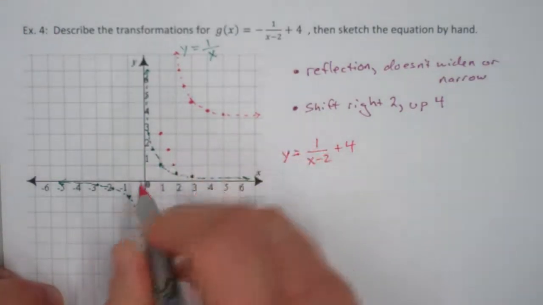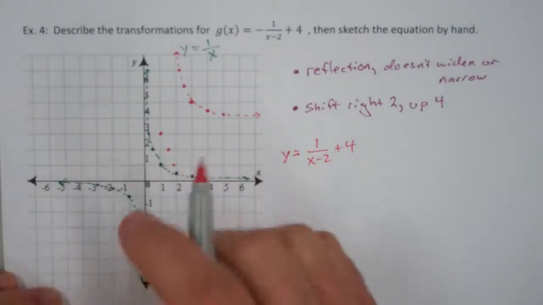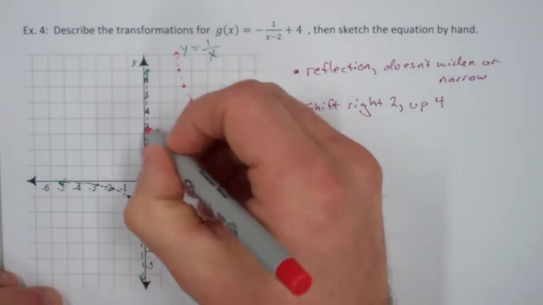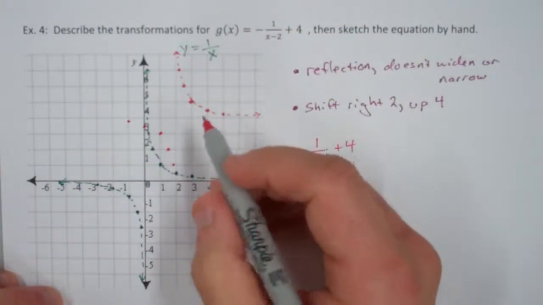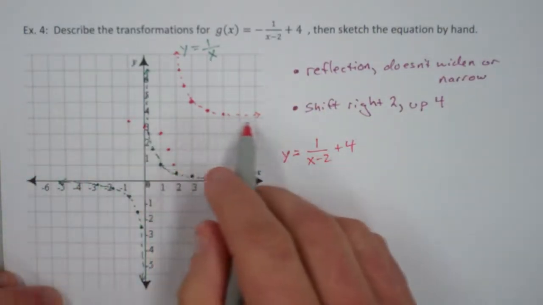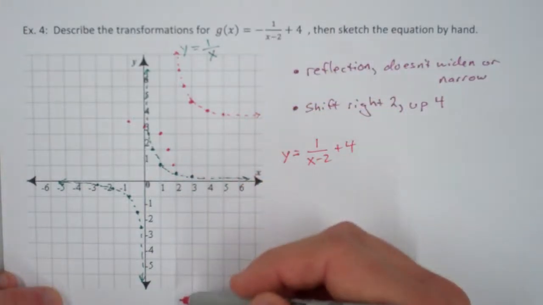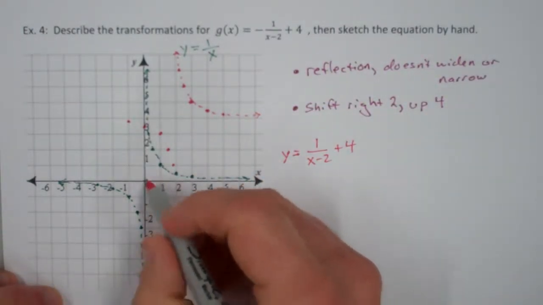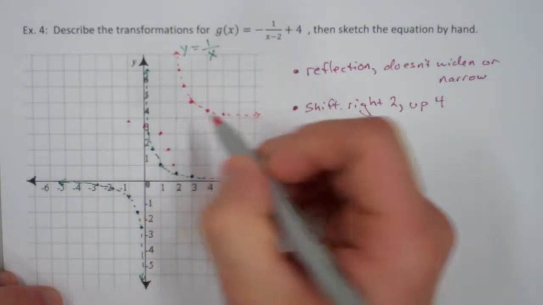That shape is going to stay the same. The shape is congruent, so we're just going to shift that up over here. So the next point should be right here and here. Notice how we have 2 asymptotes right here at y is equal to 4 and x is equal to 2. If you think about it, the center of the graph has also shifted right 2 and up 4.